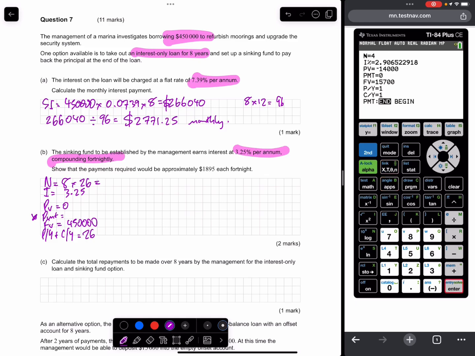Apps, finance, TVM, 8 times 26 is 208. 3.25. Nothing. Solving for that. 450,000, 26, both. Alpha solve.